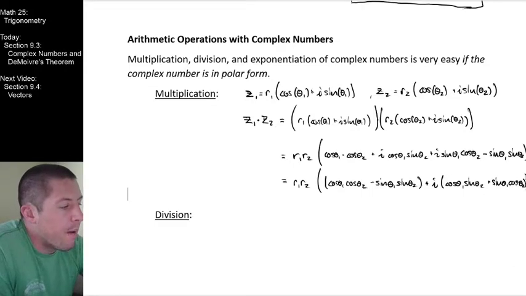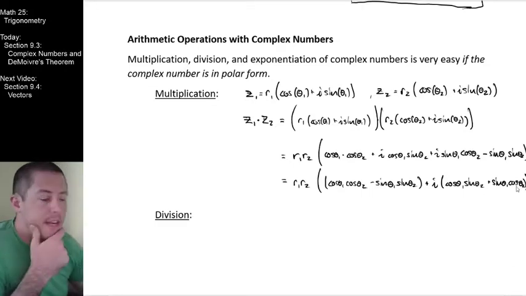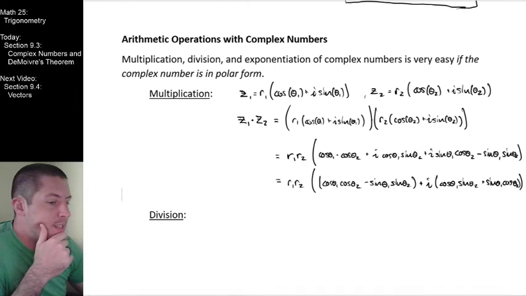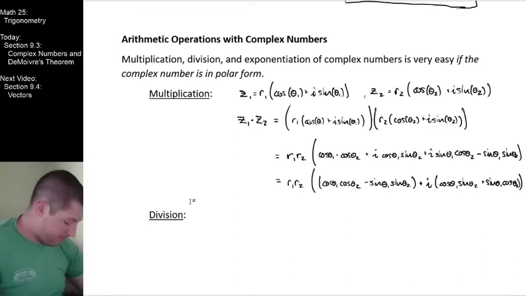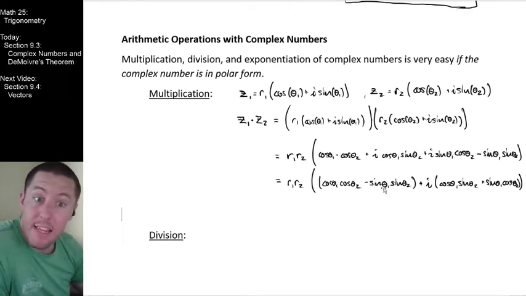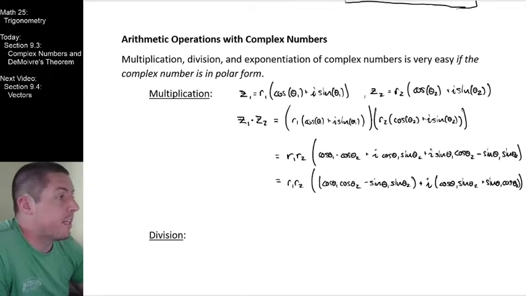Now, I'm going to ask you, where do you recognize these groupings of sines and cosines? Have you ever seen anything that looks like these two groupings right here? And the answer is, heck yeah, you definitely have. I'm going to show you where you've seen them before. All over the place over here.